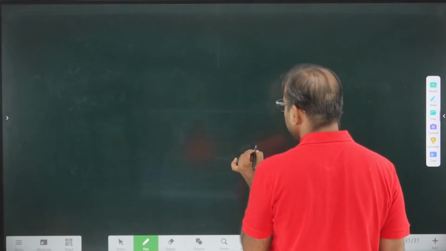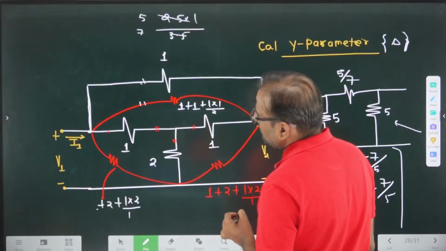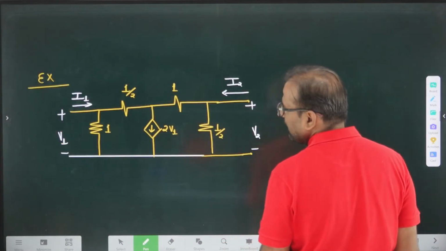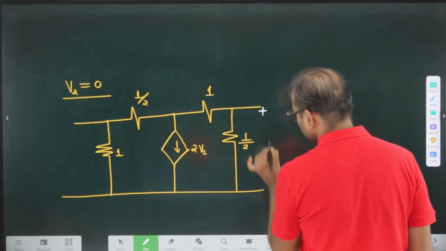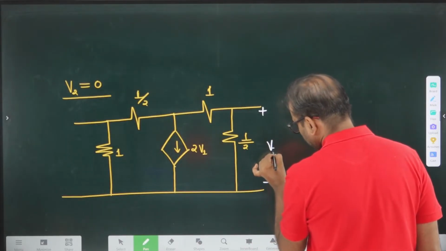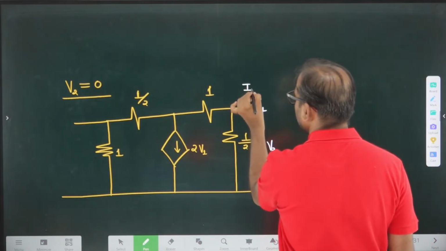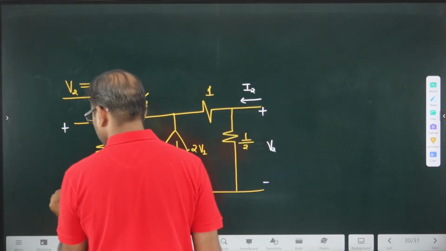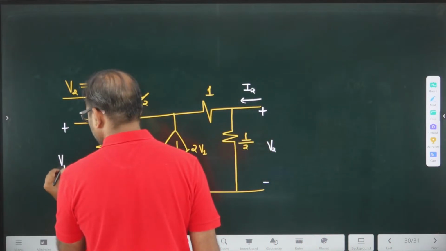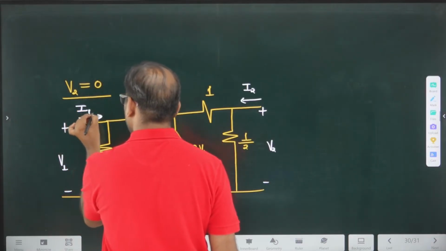Here this is V2, this is I2, here we have V1, this is I1. And what is our agenda?